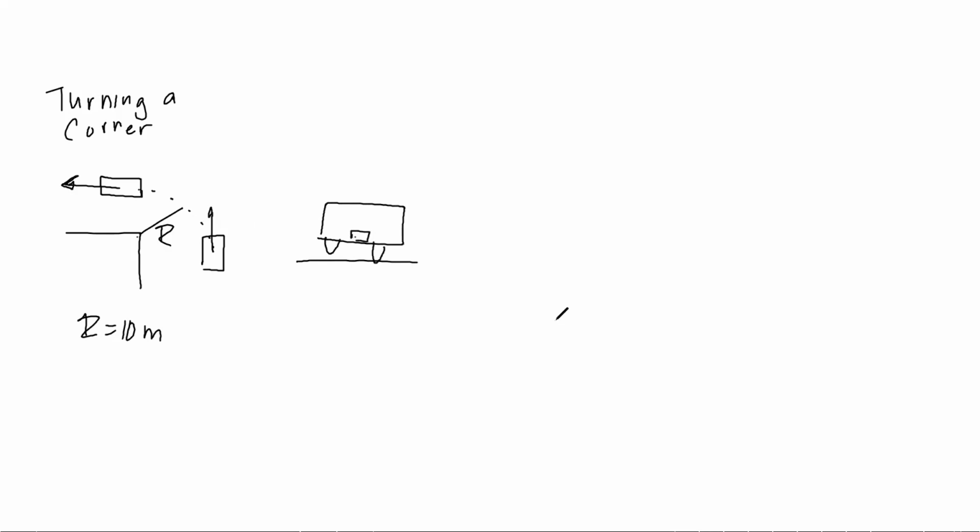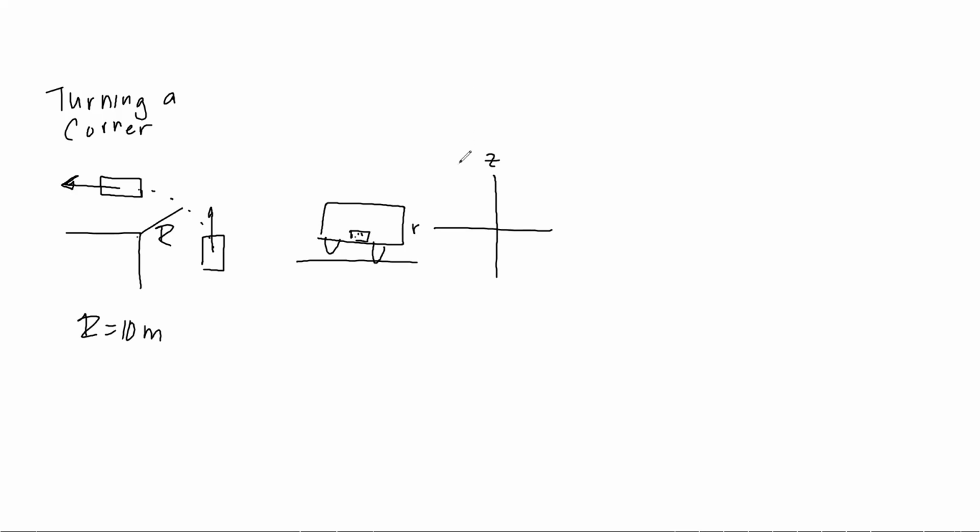So there's the license plate, and it's moving. And so let's use this RZ plane of the RTZ coordinate system. Typically the R axis will be on your left. So that is the direction of positivity, okay?